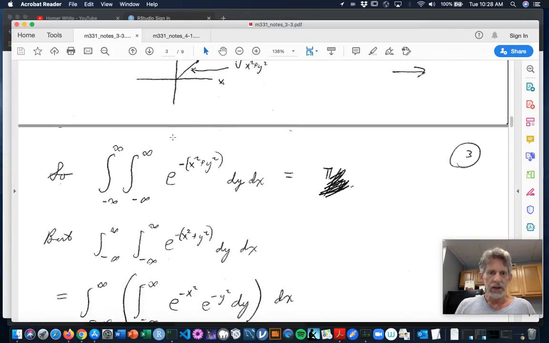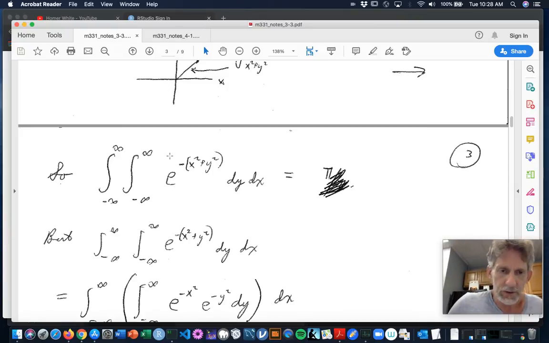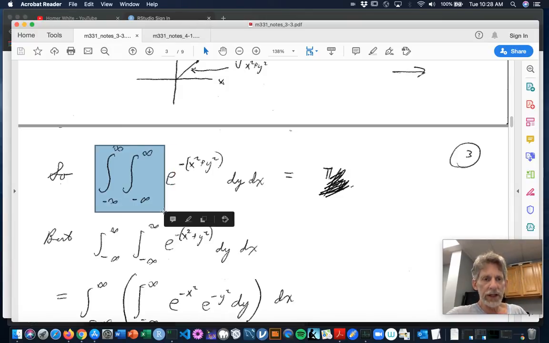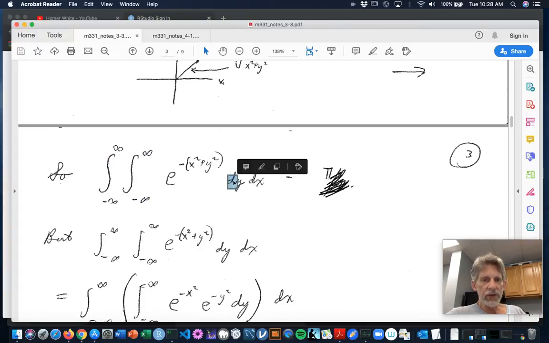And so here I'm going to have to kind of wave my hands a bit for those who haven't had multiple integrals yet, which you'll meet in Calc 3. So you have to integrate over the entire xy plane. So we imagine that y is allowed to vary from minus infinity to infinity, and x is allowed to vary from minus infinity to infinity, and that captures the entire xy plane.